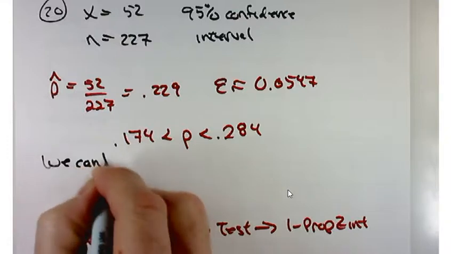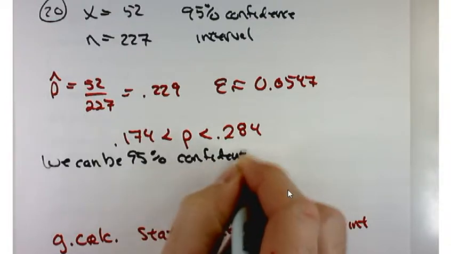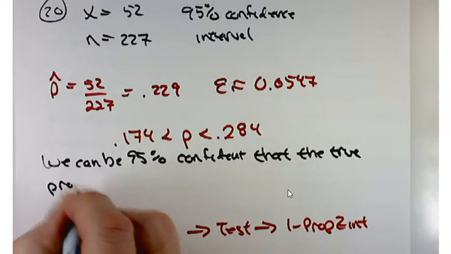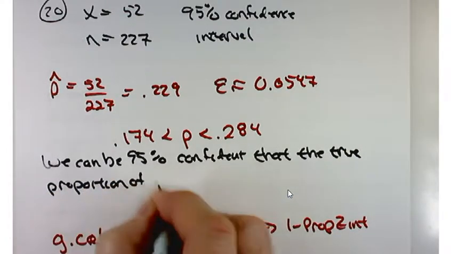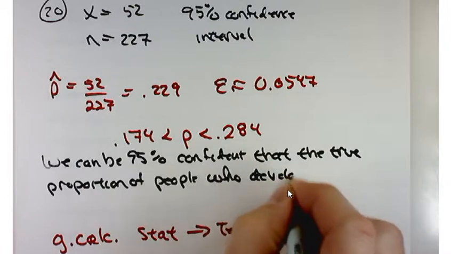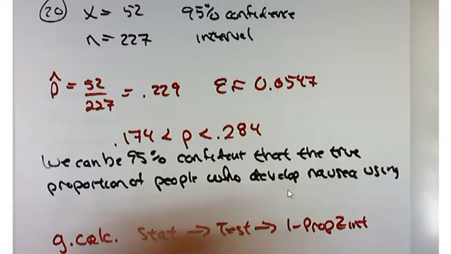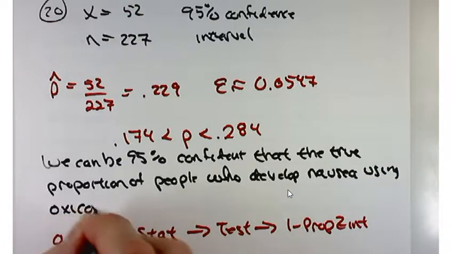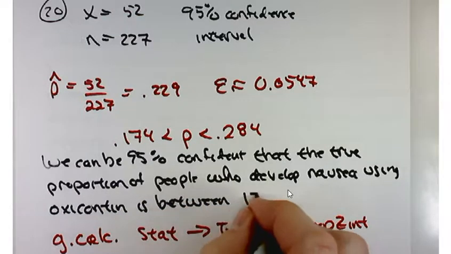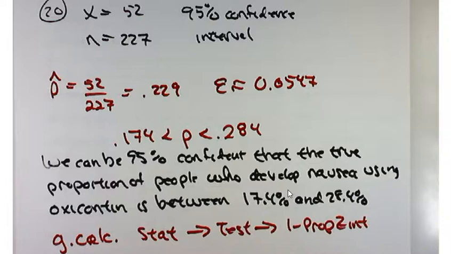We can be 95% confident that the true proportion of people who develop nausea using OxyContin is between 17.4% and 28.4%. Wonderful. Thanks, Jasmine.